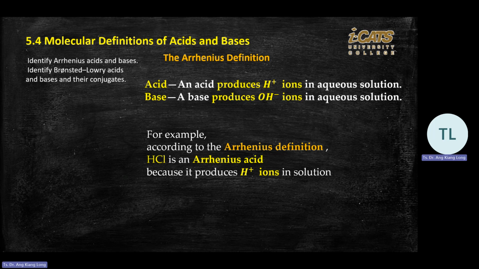Okay, so this is how we ask you the question. Give the definition of acid and base based on the Arrhenius definition. You are given items below, item A, item B, item C, and you define each of them as either acid or base based on the definition given in your answer.